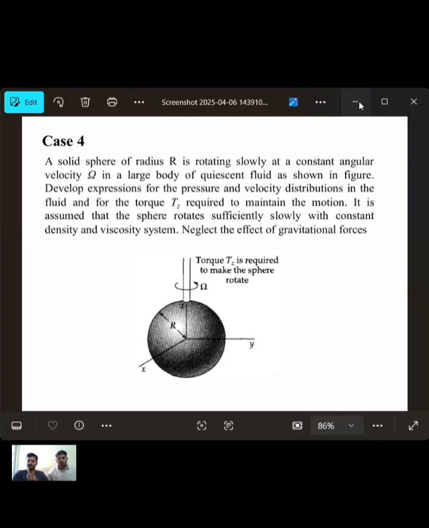Now, by using these two boundary conditions, we can get our final velocity profile, which we'll be discussing further, and this also gives our pressure distribution, by differentiating in the r and theta directions. The key insight of this process is that pressure decreases near the equator due to centrifugal effects.